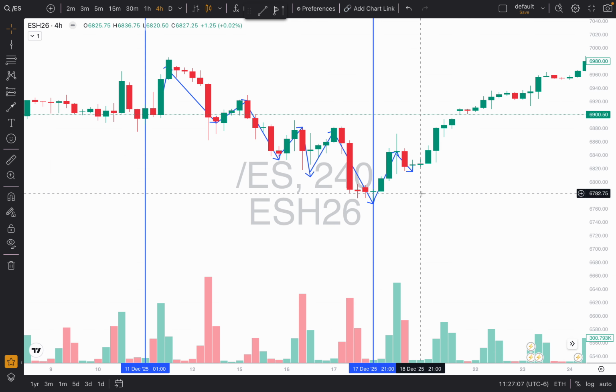So this will be that first step of confirmation to think that price may be in a reversal, because we know that in a downtrend, price is moving in lower lows and lower highs. So it should only be lower lows. Now I'm just waiting to see, right?